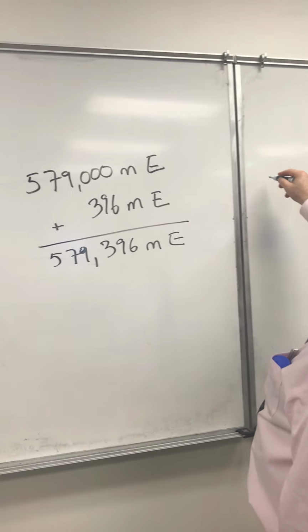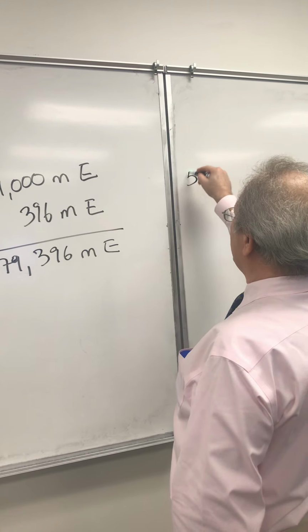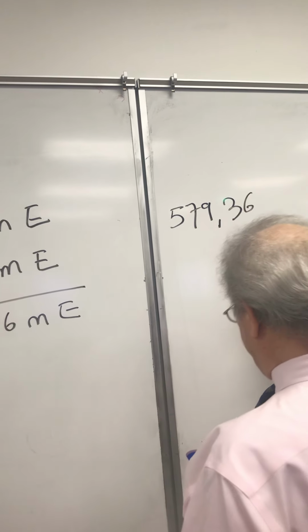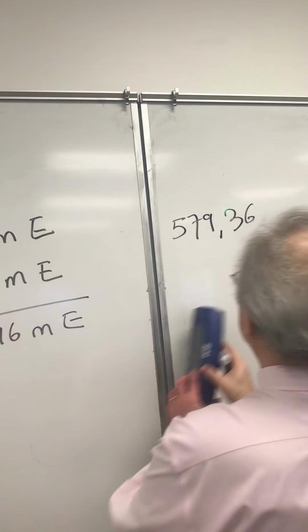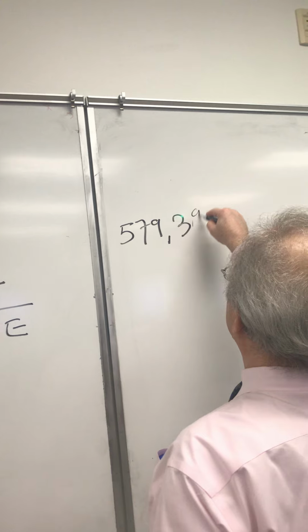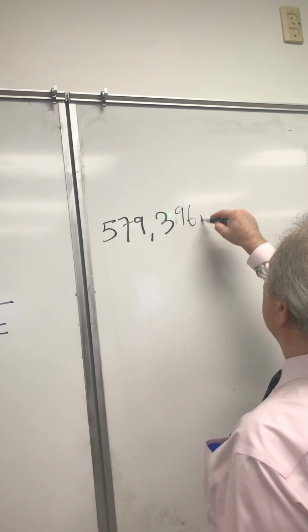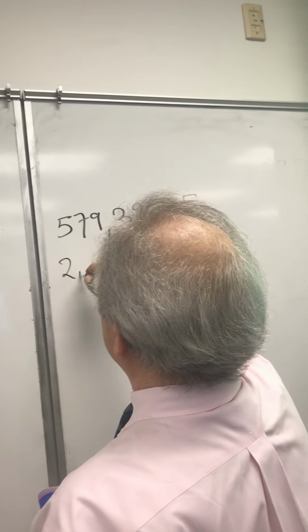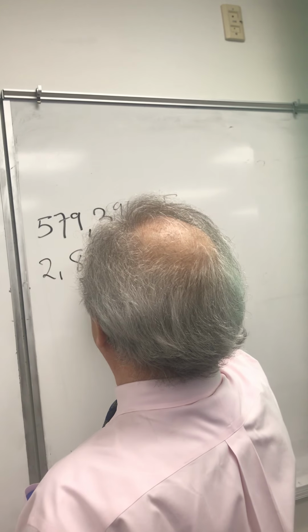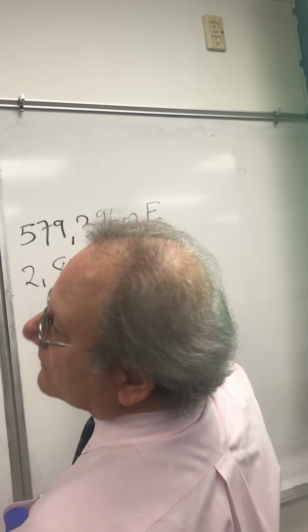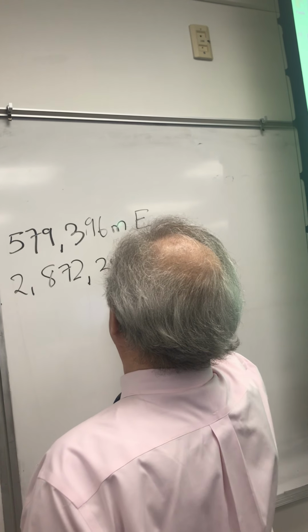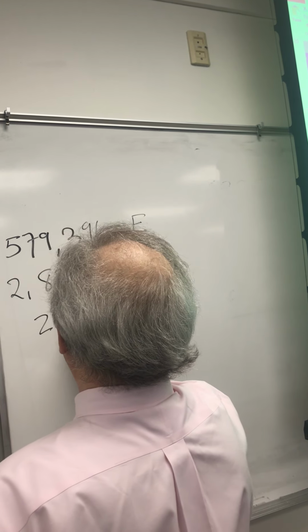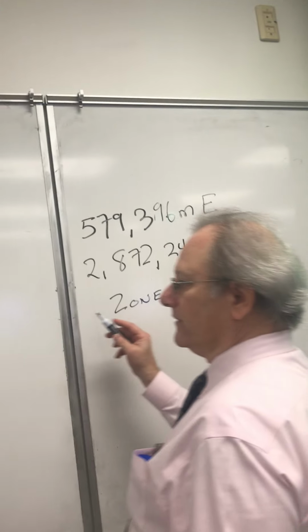So our final coordinate is going to be 579,396 meters east, 2,872,240 meters north in zone, what was our zone?